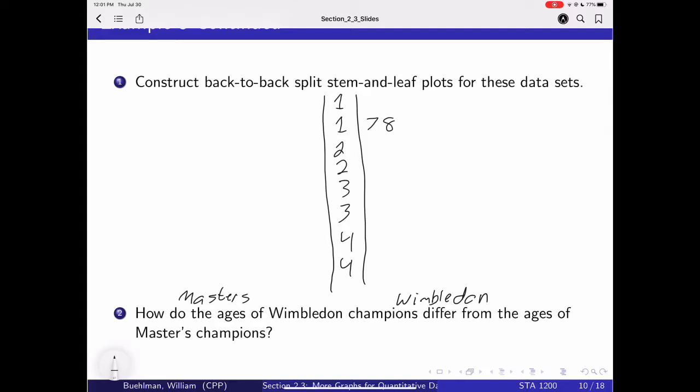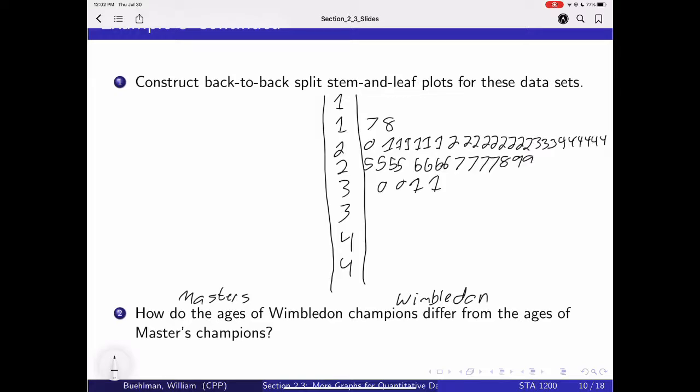In the 20 to 24 range, we had a 20-year-old, 6 21-year-olds, 9 22-year-olds, 3 23-year-olds, and 6 24-year-olds. And then now I will fill in the rest.